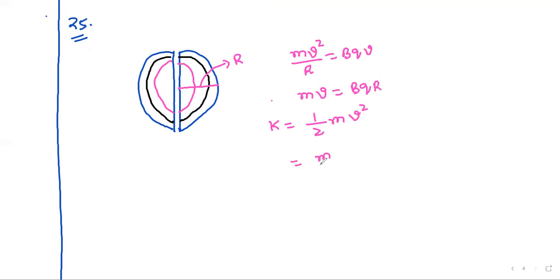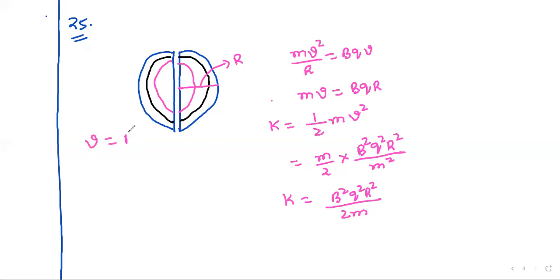that is m by 2 into v square, which means b square q square r square by m square, so kinetic energy equal to b square q square r square by 2m. Since it is moving in a circular path, I can write v equal to r omega.